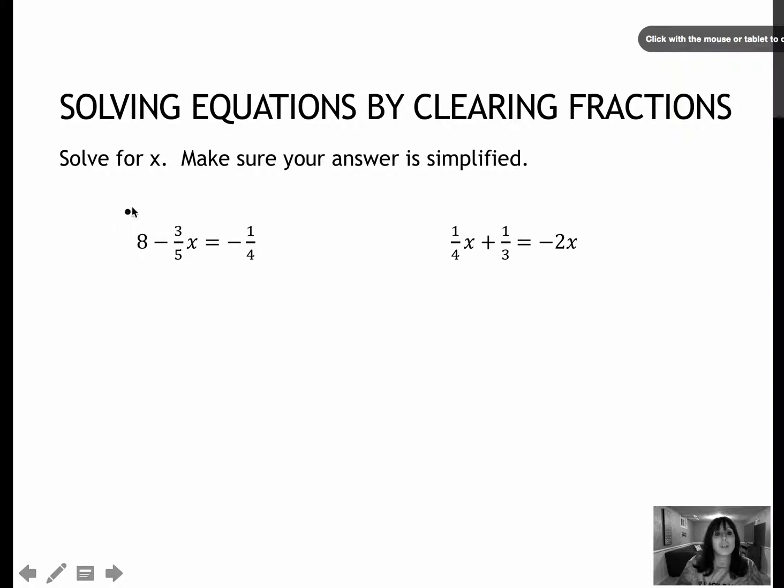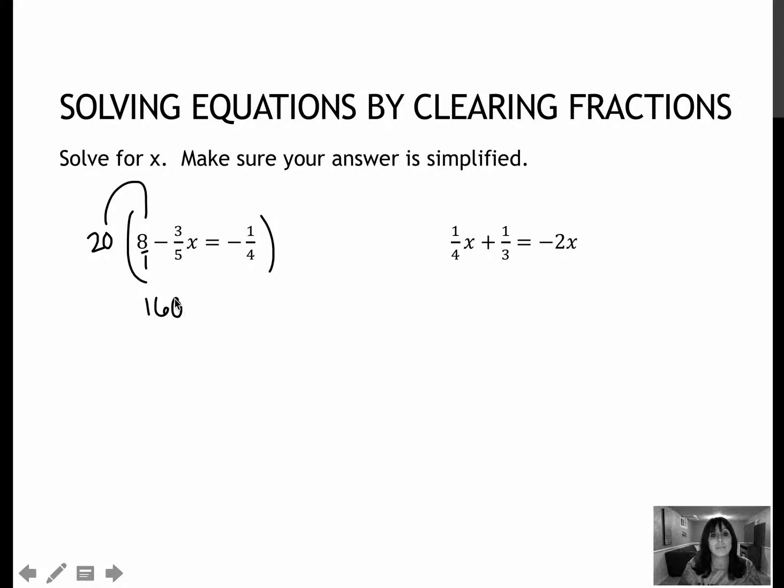For my next question, I look at my denominators of 1 and 5 and 4 and decide to take everything times 20. 20 times 8 is 160. 20 times -3/5, I would multiply 20 times 3 to get 60 and divide by 5 to get 12.